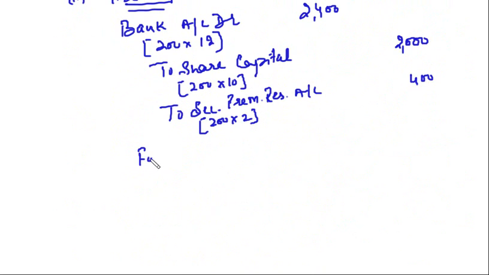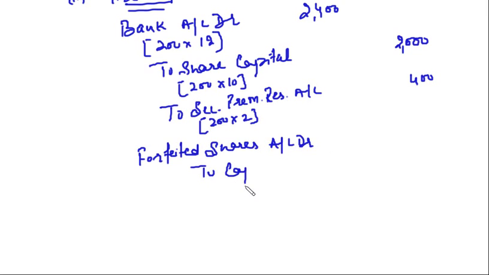So the journal entry will be same, that is forfeited shares account debit to capital reserve account, right? This comes to 400 and 400. Clear, friends? Simple. Now let us see the third case.